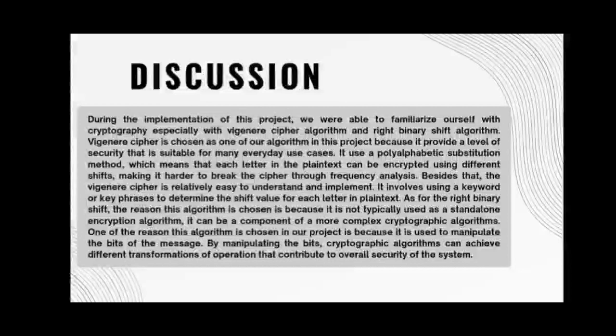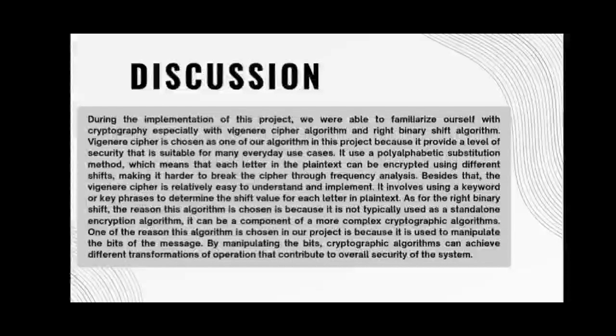Now I am going to be presenting the discussion of our project. During the implementation of this project, we were able to familiarize ourselves with cryptography, especially with the Vigenère cipher algorithm and the right binary shift algorithm. The Vigenère cipher was chosen as one of our algorithms in this project because it provides a level of security that is suitable for many everyday use cases.